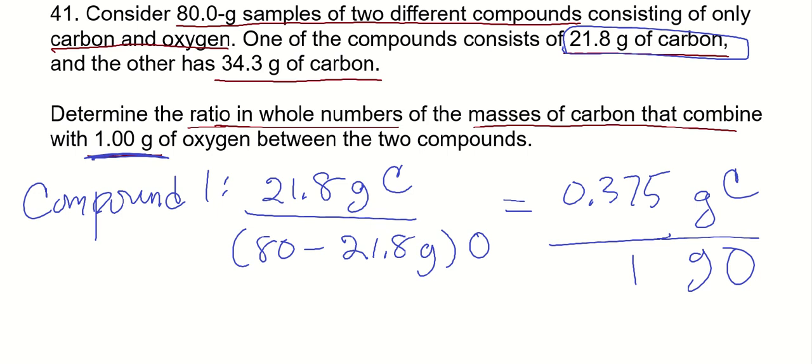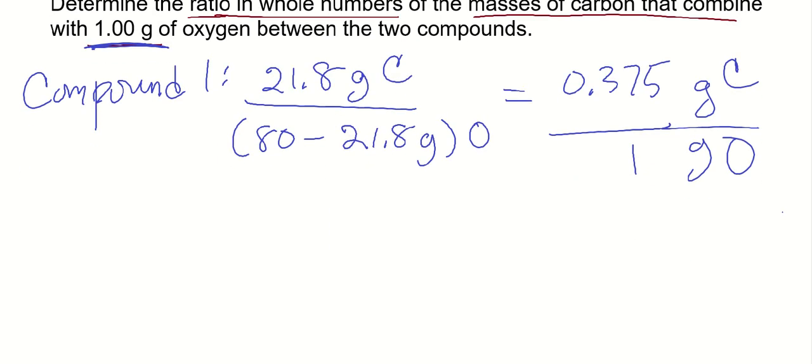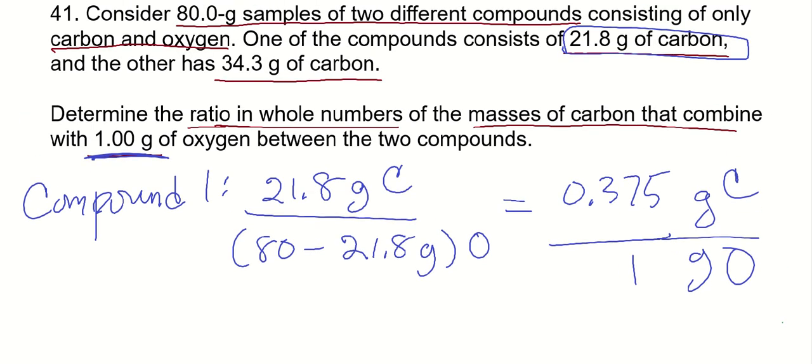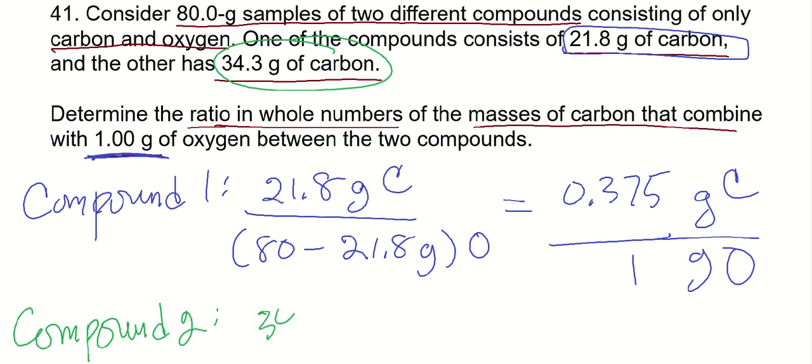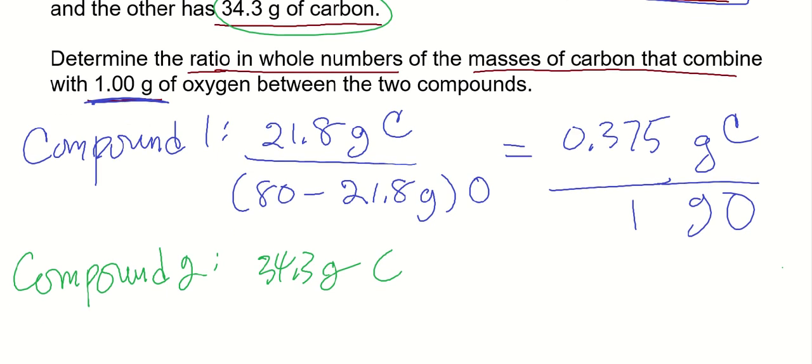All right, so let's do the same thing here with compound number 2. Let's do this in green. All right, here's compound number 2. We've got 34.3 grams of that compound is carbon, and we know that the total sample is 80.